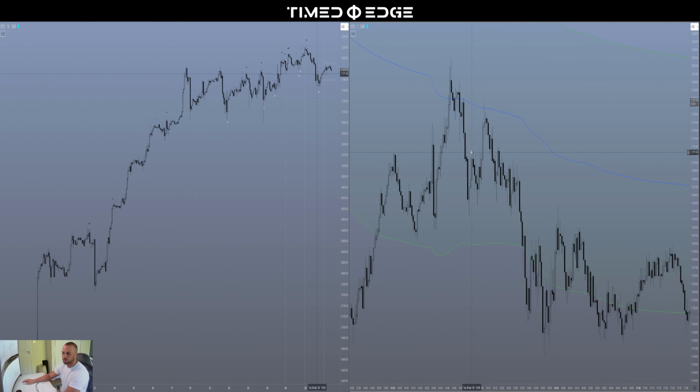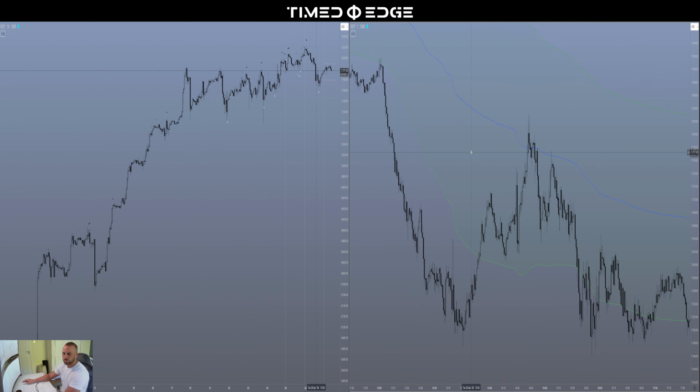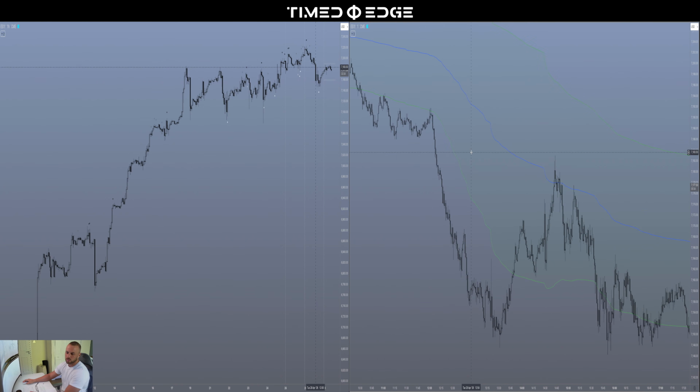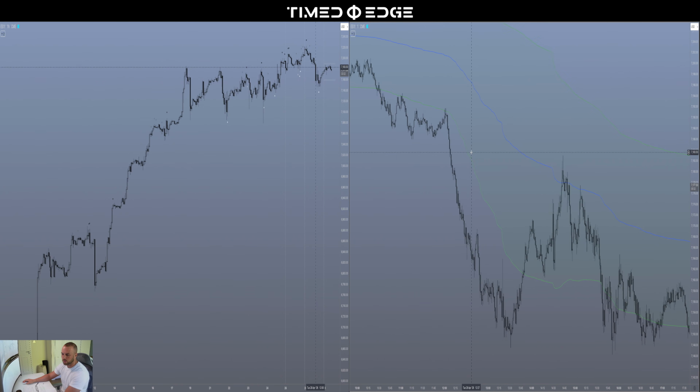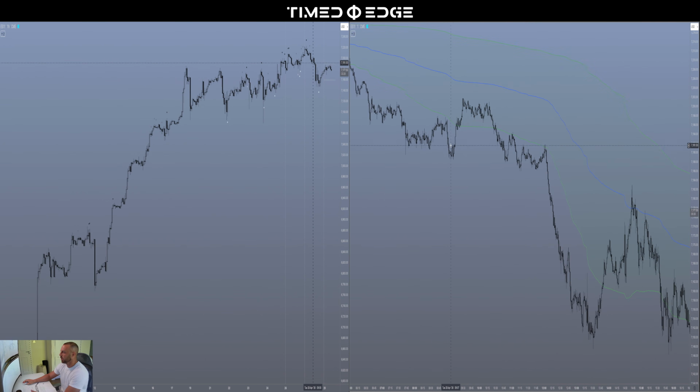Yeah, I've got two models, haven't I? That's what it is. The scalp model is just looking for inversions around the volume weighted average.